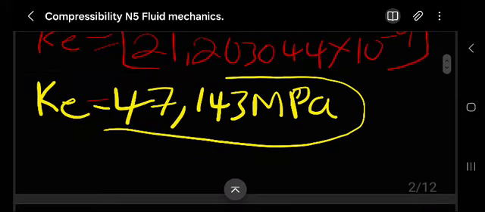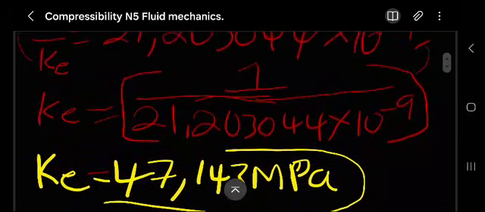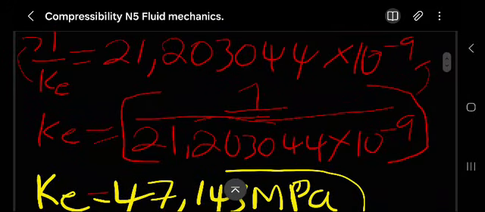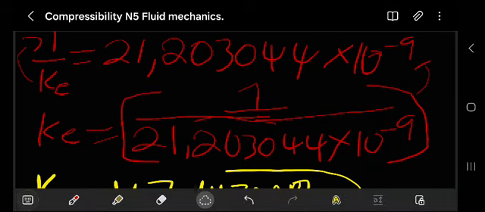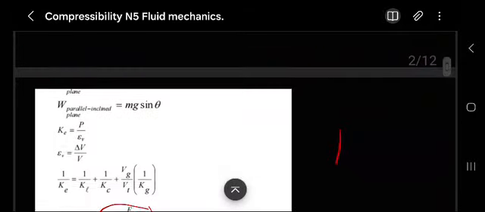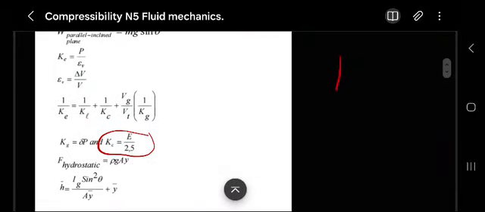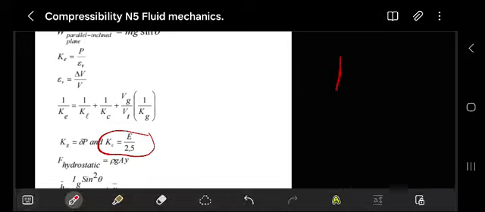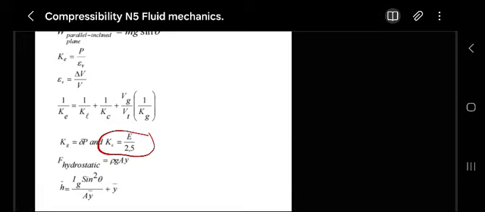We're done with this. Let us calculate the play, that is 2.2.5.